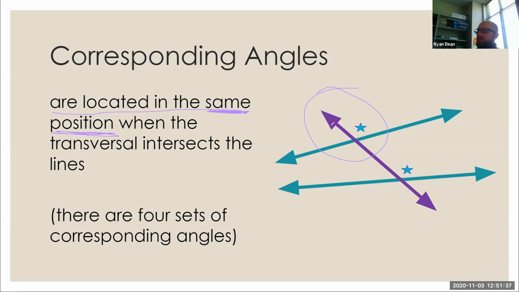It's in the top and right position. It's to the right of the transversal. So this is going to be the top right.